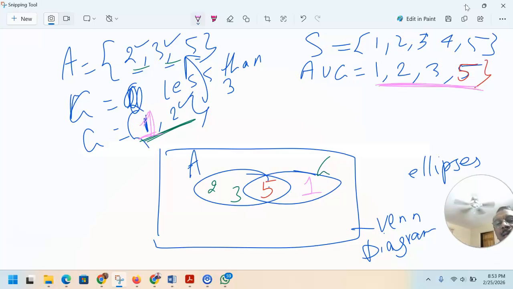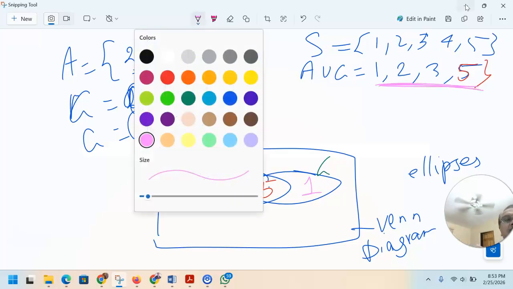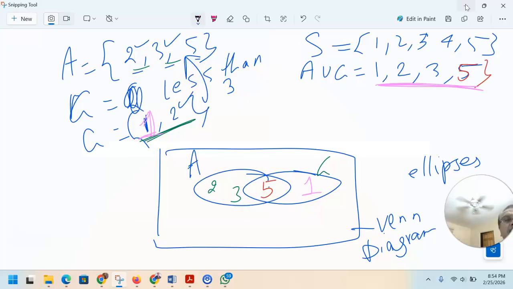And the numbers left out are in black. I think I missed something here. So 6 is missing, and also 4. This 4 and 6 are not here, so they are outside these two. So this is 4 and this is 6.